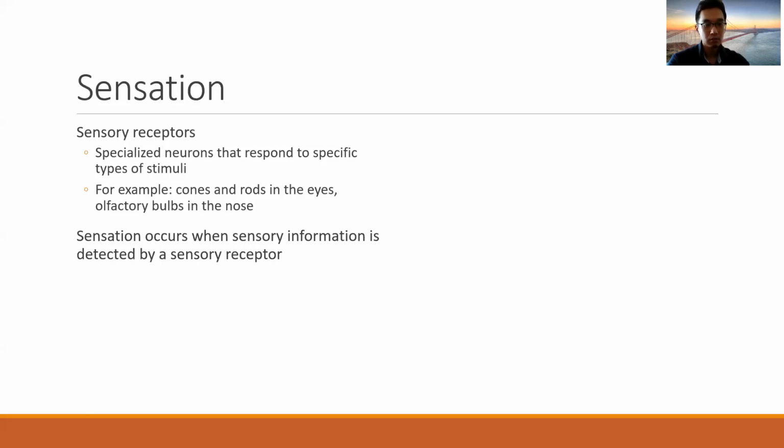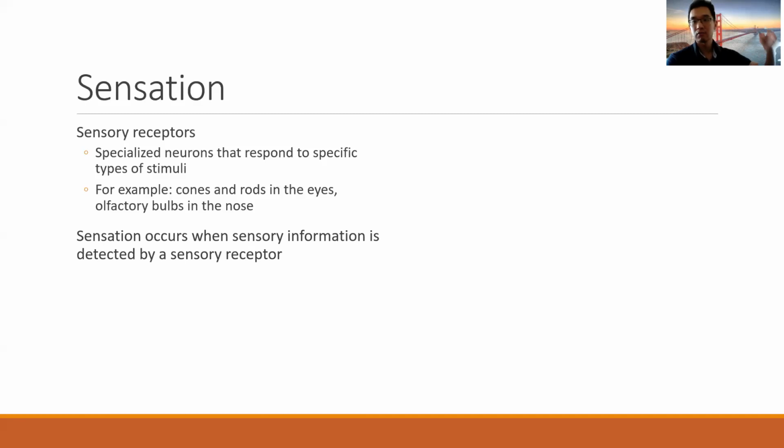So when sensory information, such as light, sound, smell, or the texture of some objects, is detected by the sensory receptor, that's when we say sensation occurs.